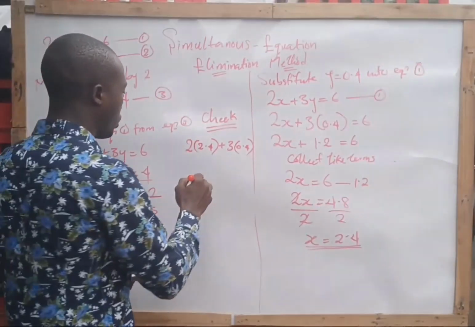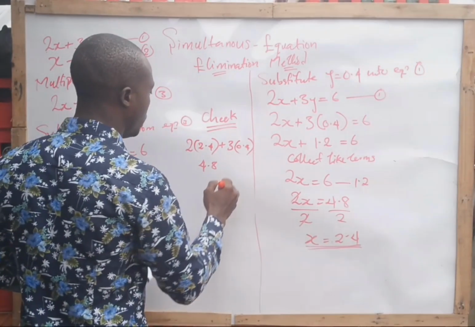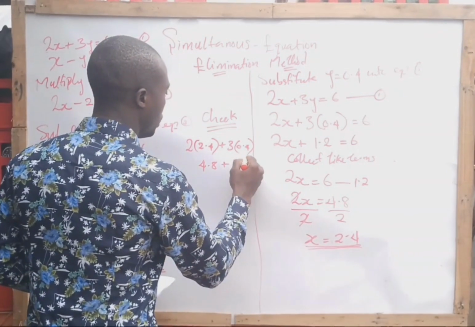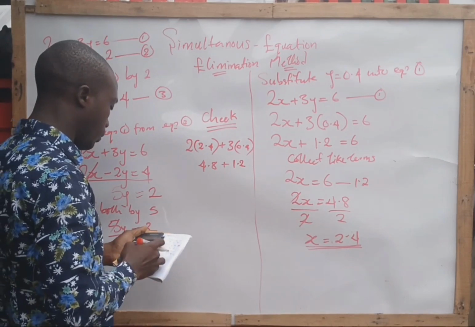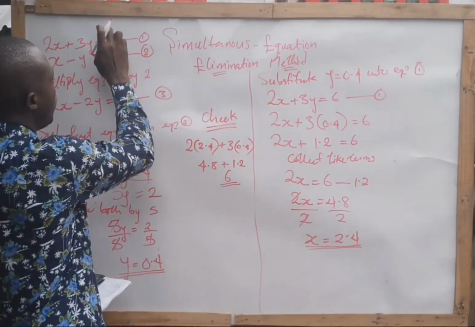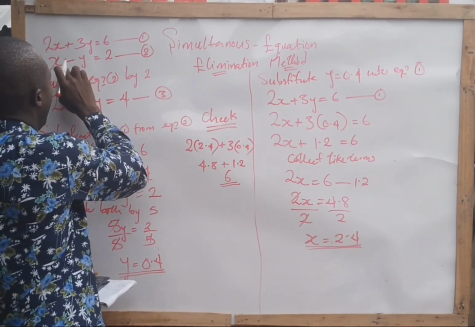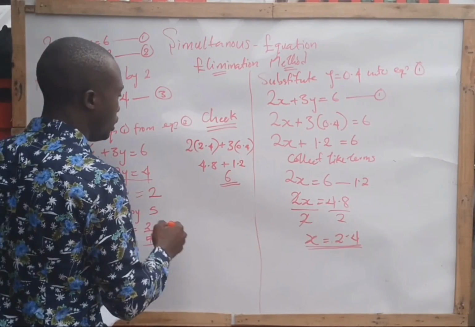So give us what? 4.8. Then plus will give us 1.2. 1.2 plus 4.8 will give us what? Will give us 6. So definitely our answer is correct. So now let's quickly check for equation 2. For equation 2, we have what? Our x is what?